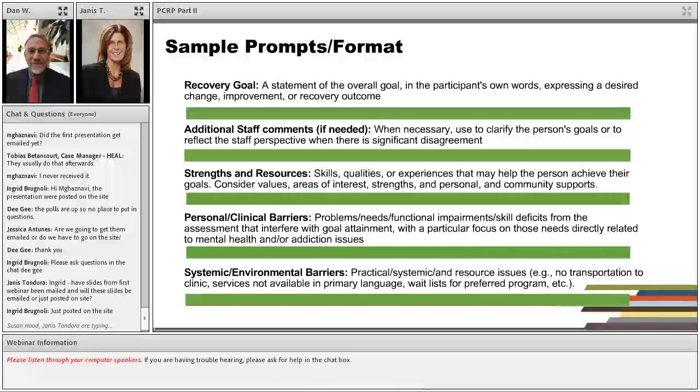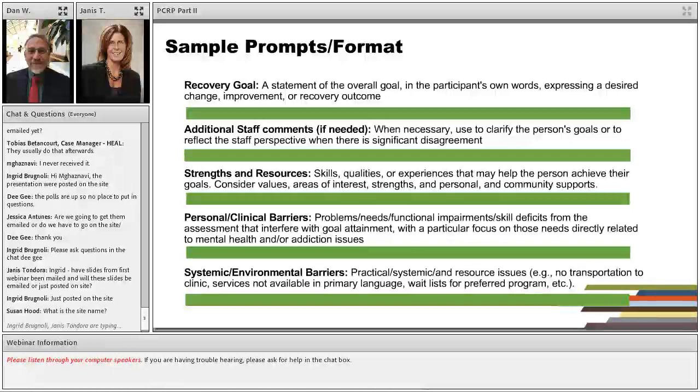And then we put in the barriers, and we actually decided to separate out the systemic barriers from the personal barriers. Generally, unless prompted, what we found is when you ask for barriers, you would get things like there's no transportation, they don't have money to buy things, those systemic barriers, and we're leaving out things like, well, the barrier to working is they have trouble concentrating.